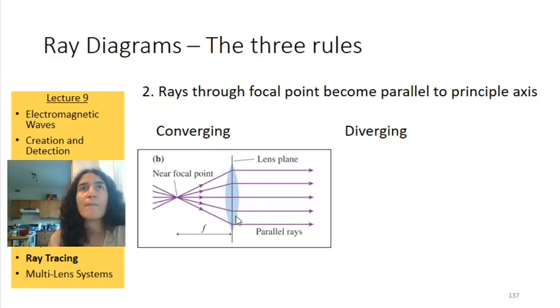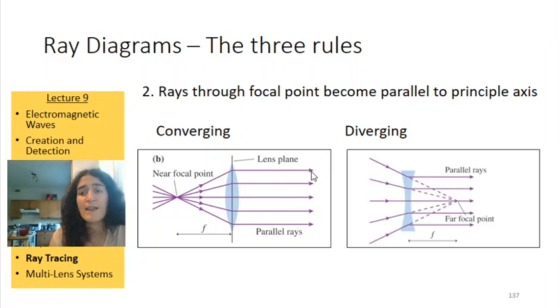However, if this is a symmetrically convex lens, then the focal length is represented on both sides of the lens, and light coming from this focal point will bend to become parallel on the other side of the lens.